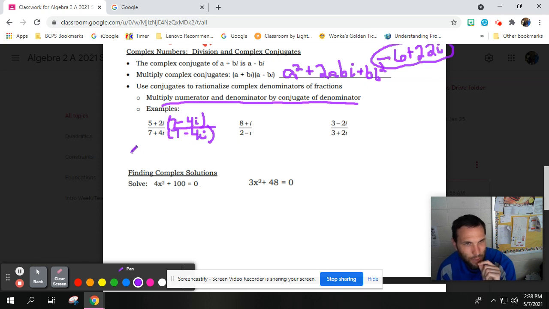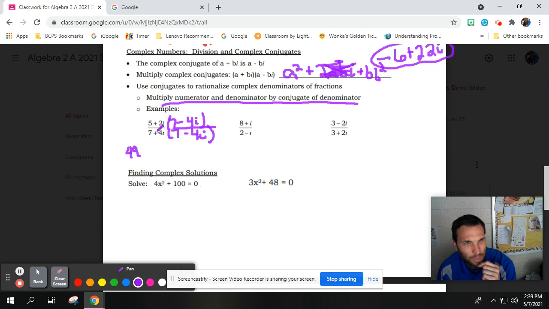On the bottom, 7 times 7 is 49, plus... no, the middle terms cancel out, because when you multiply these you get plus and minus the same thing.